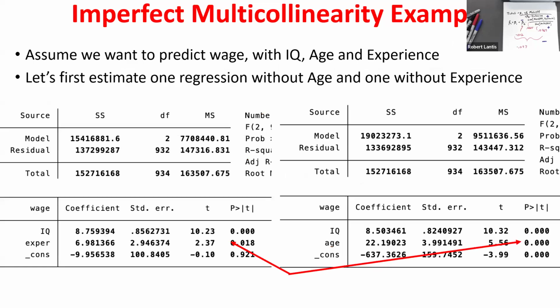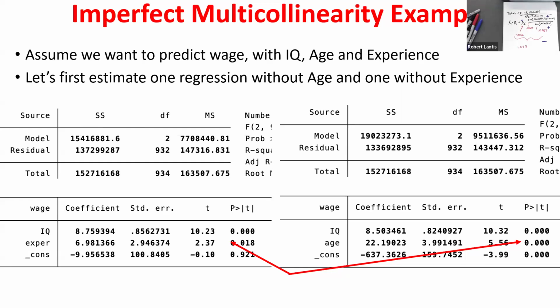So let's say I've got something like this. If I run these regressions, I can include other control variables as well. I did that here just to show you. Let's say I want to predict wages with IQ, age, and experience. Seem like all good predictors. Controlling for IQ, it looks like experience has a positive impact on wages.